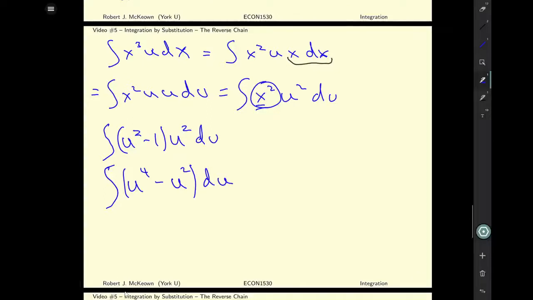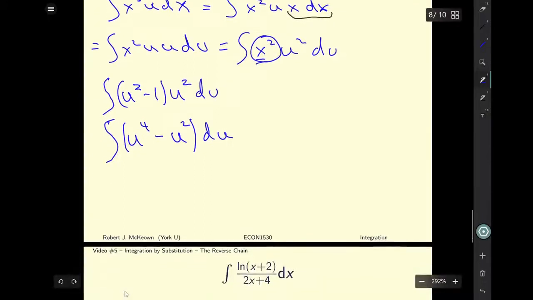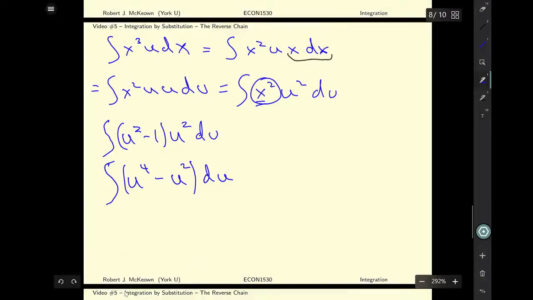Now I've got two power terms, or I should say power functions, and I can take the integral of this, and I'm going to get u to the power of 5 over 5 minus u to the power of 3 over 3. And there is my integral with the u's still in it.